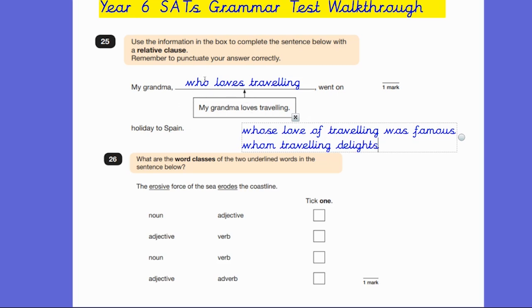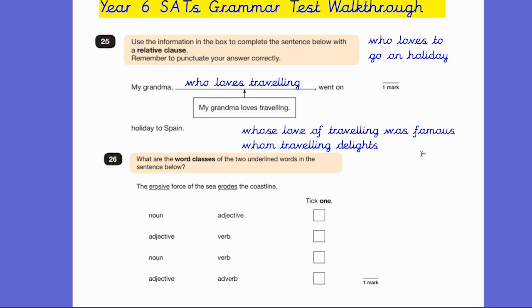Now, they do also accept answers where the verb has been changed. So things like, my grandma, who loves to go on holiday, that will also be accepted. Or they could also have said, my grandma, who loves flying, or my grandma, who has been to many places, my grandma, who has been to many destinations.